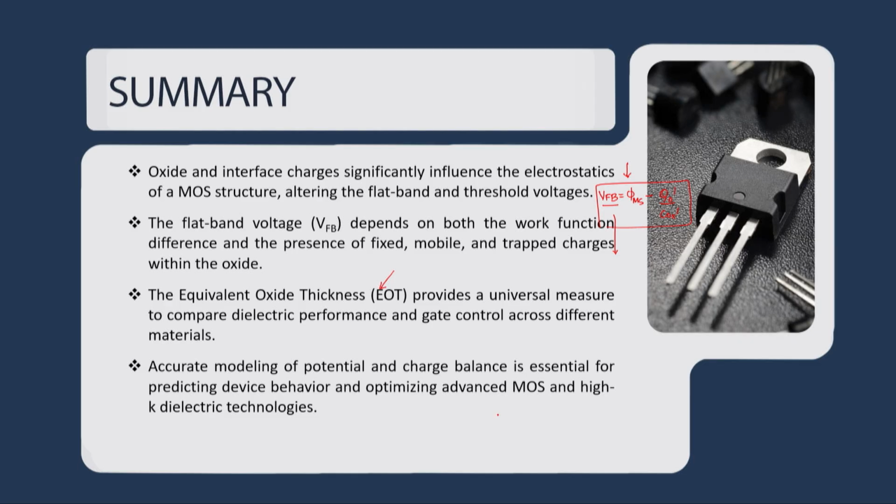Then we have seen a two terminal MOS structure, where we apply a gate to body voltage externally, and this VGB is dropped across the oxide, which is psi ox, across the semiconductor, which is psi s, and between two contacts. So ultimately VGB can be written as psi ox plus psi s plus phi ms.